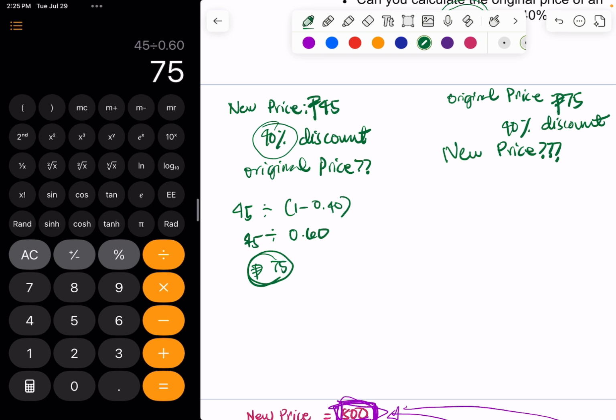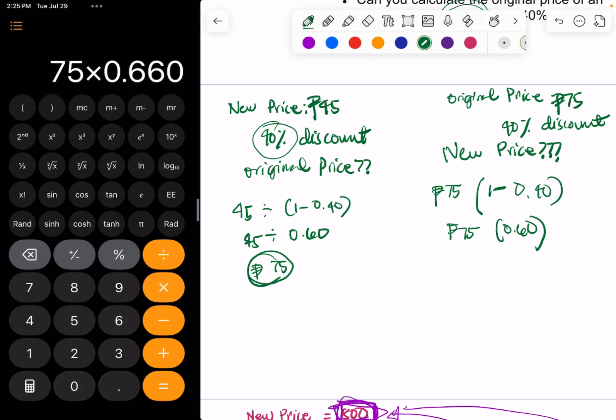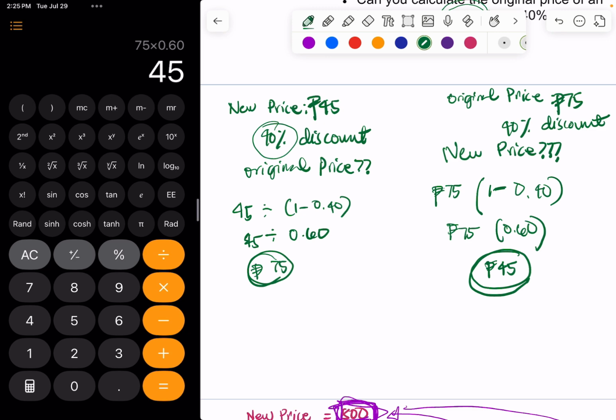Okay, to get the new price, unsa to'y buhaton? 75 pesos times 1 minus, di ba minus kay discount man, 1 minus 0.40. So, you'll have 75 times 0.60. So, what is 60% of 75? So, times 0.60. Okay, the answer is 45 pesos. So, ana ra siya. Pagbali-bali.